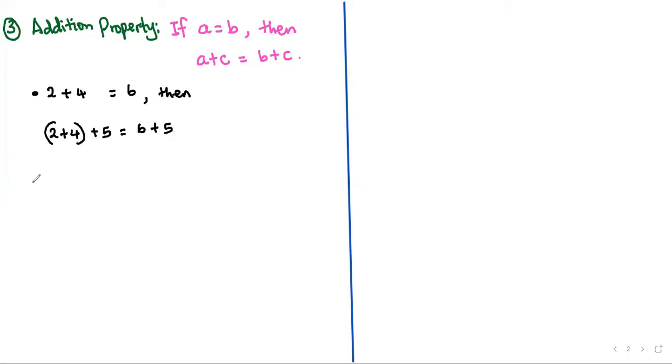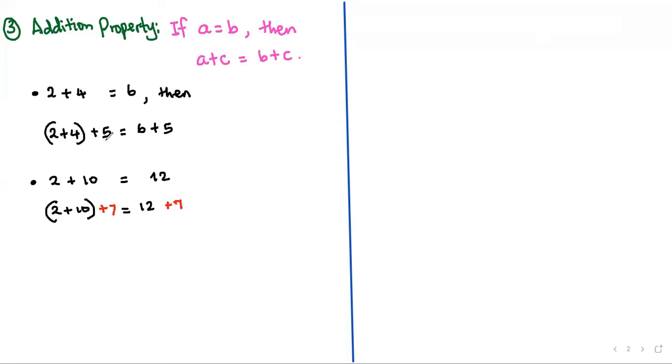Even if I have 2 plus, let's say, 10, which is equal to 12, when I add 7 on the left, I must also add 7 to 12 on the right-hand side in order for the equation to balance.